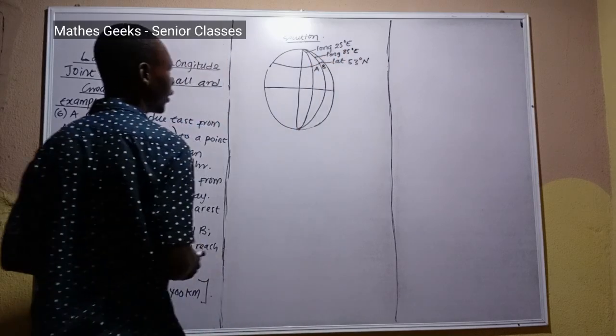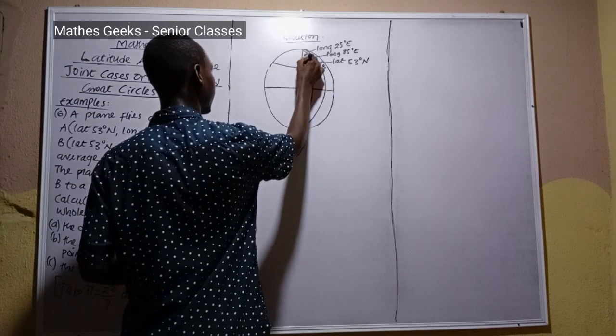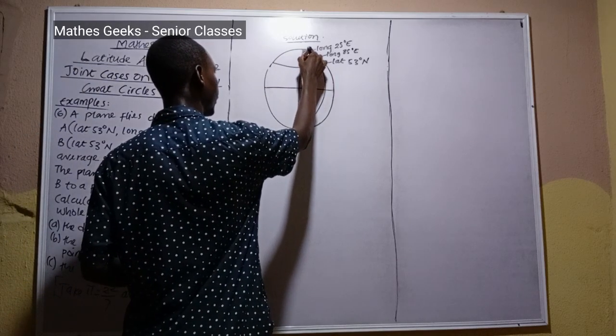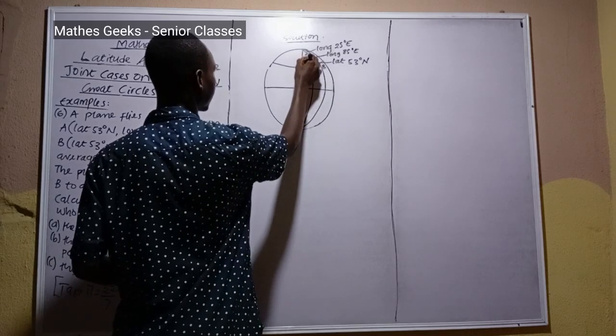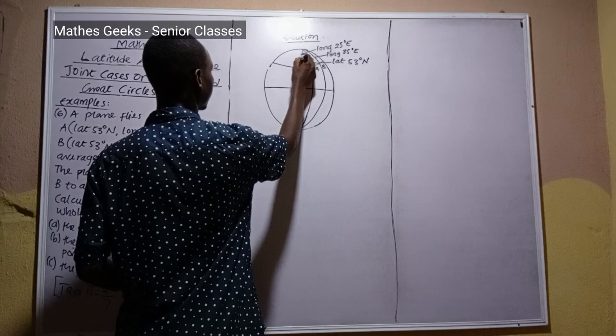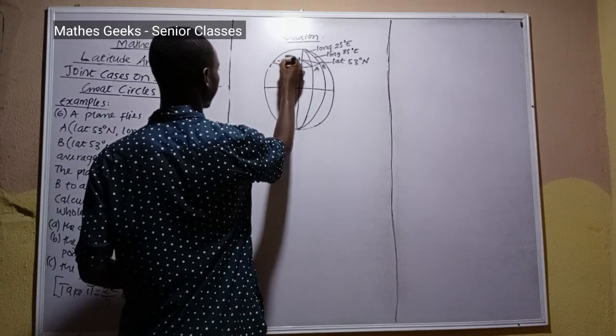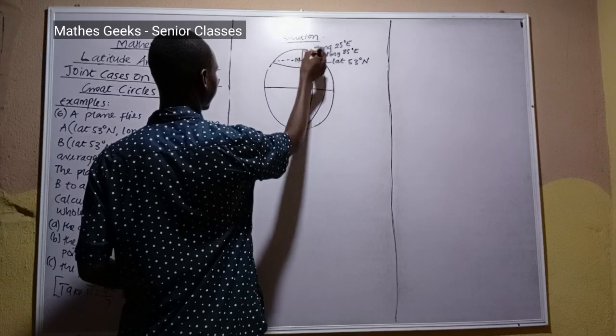So since both points are lying on the same line of latitude, that's a small circle route. So this is the center of the small circle. Let me use M. M is the center of the small circle, and this is the radius of the small circle.